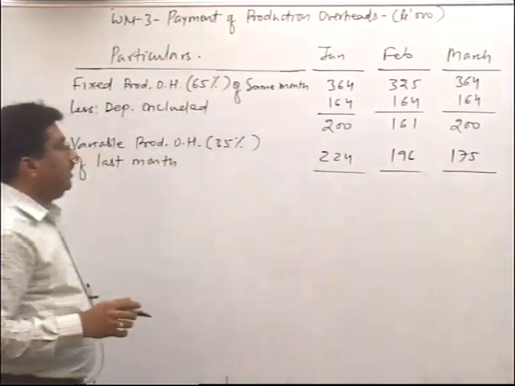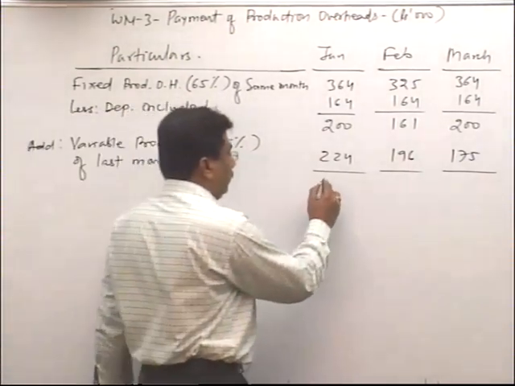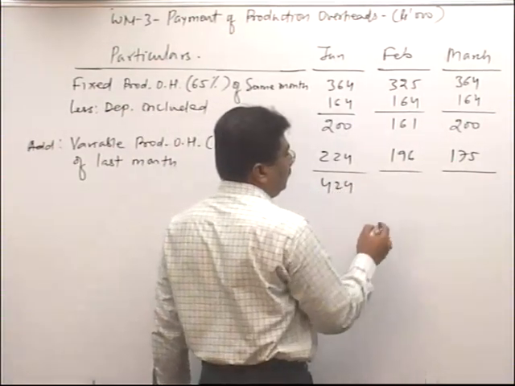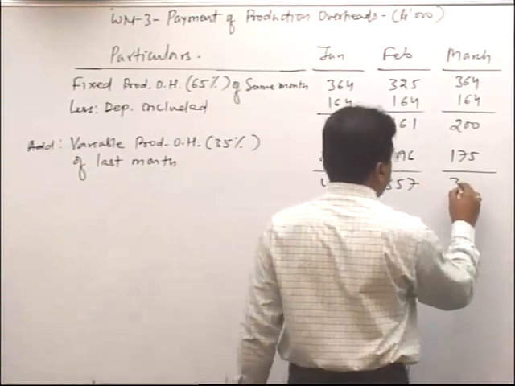So it is 224, 196 and 175. After adding it comes to 424. Then it is 357 and 375.